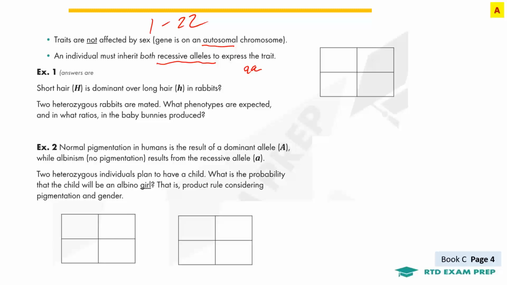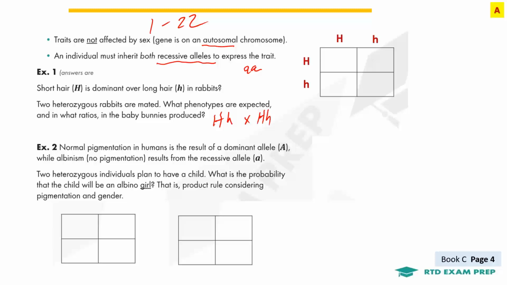Example 1. Short hair is dominant over long hair. 2 heterozygous rabbits are mated. What phenotypes are expected? So you should be looking at this going, okay, 2 heterozygous, big H, little h, times big H, little h. Let's put that in our Punnett square.